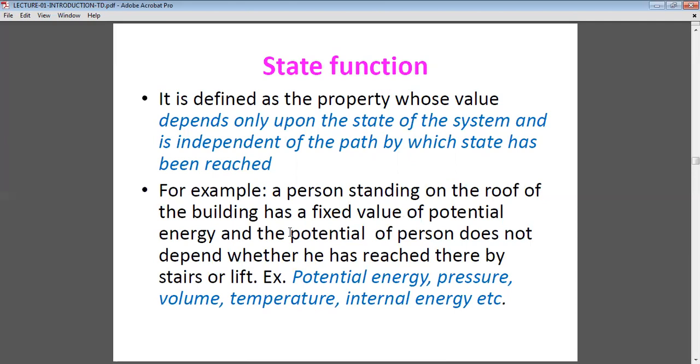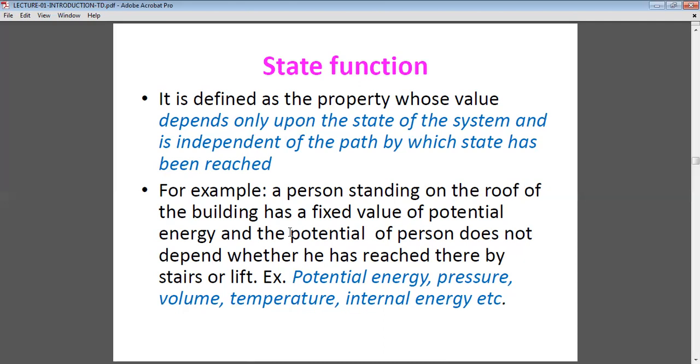That means in state functions, the property of the system depends on the state at which the system lies. It does not depend on the path that is traveled. So if any property, either temperature, pressure, or any other, all these properties are taken as state functions because they are independent of the path traveled.